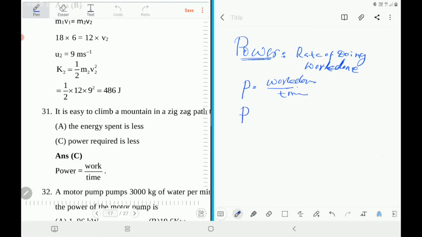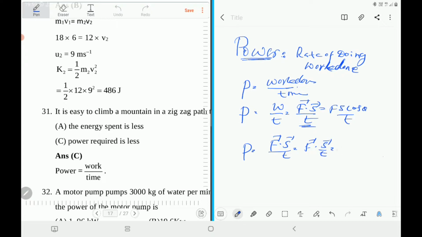So power P is W divided by T. For W, that is work, you can write force dot displacement, or F S cos theta, divided by T. If I use this, I can write P equals F dot S divided by T. If I divide the time into displacement, you have one more term, displacement by time.